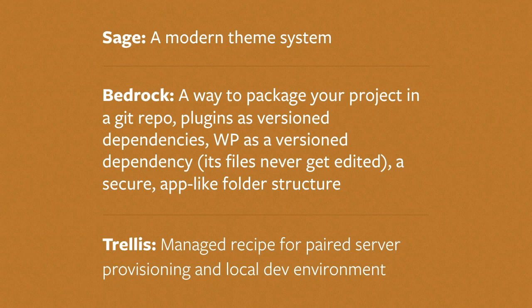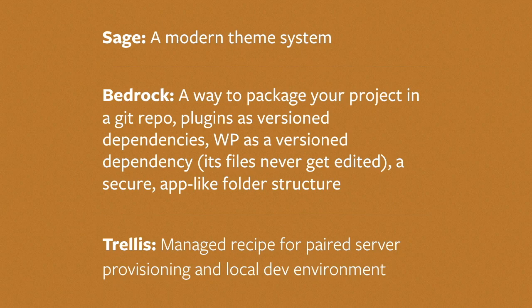Trellis answers the problem, can I have a local development environment, on my machine, running the version of PHP and all that stuff, to be the same as what I have in production on my staging server? The way it does it is that it takes care of your whole recipe of what gets installed on the server within code.